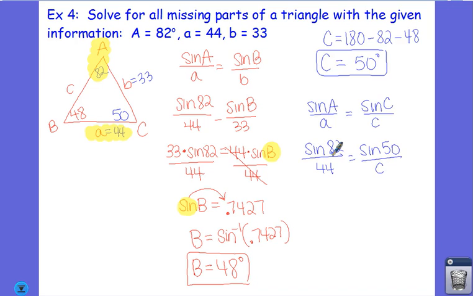Sine of 82 times c equals 44 times the sine of 50. C, got to get rid of all that. Divide by the sine of 82.